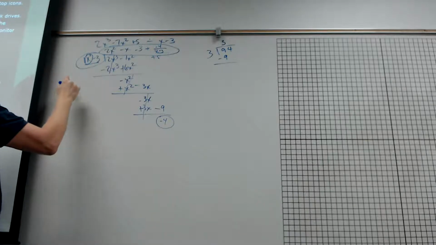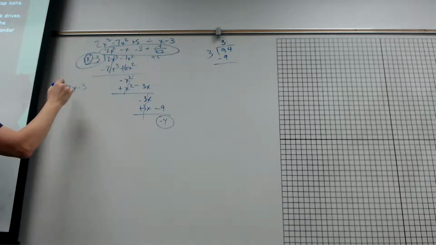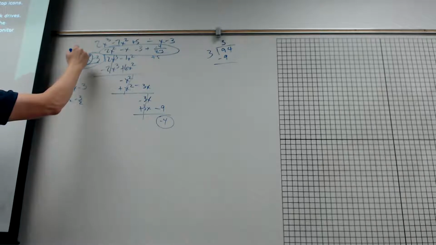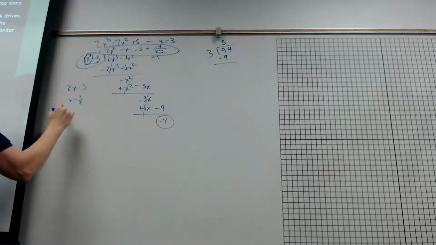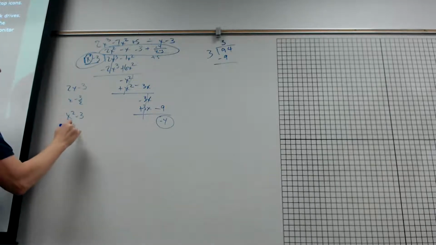So like if I had 2x minus 3, I could do it, but I would have to factor out the 2. And in fact, this would be x minus 3 halves. Does that make sense? So it has to be a 1 here. If it's x squared minus 3, can't do it. This is what we're going to call synthetic division.